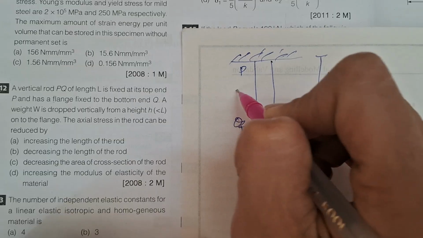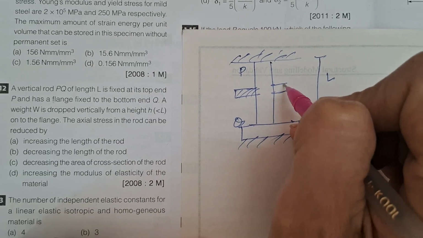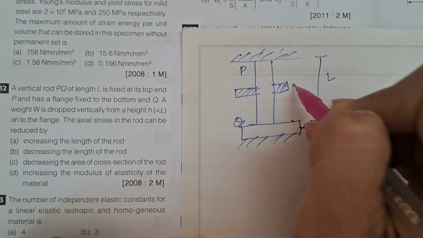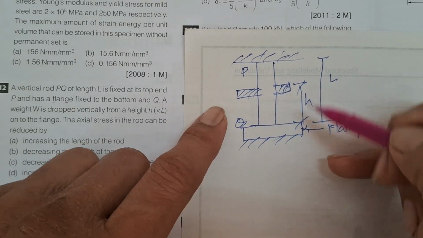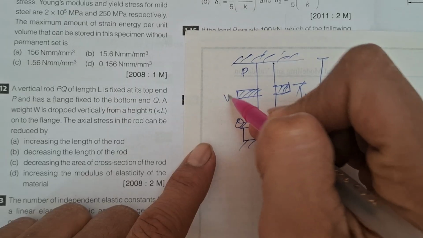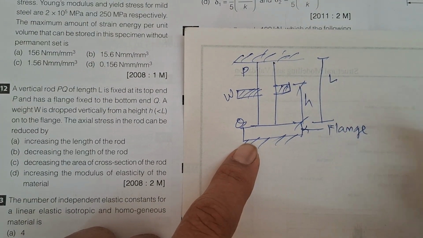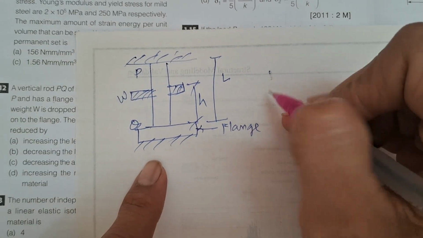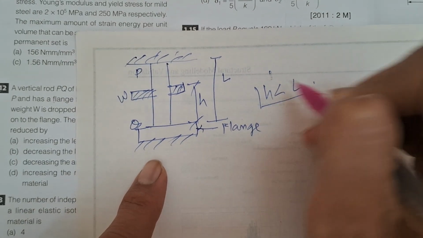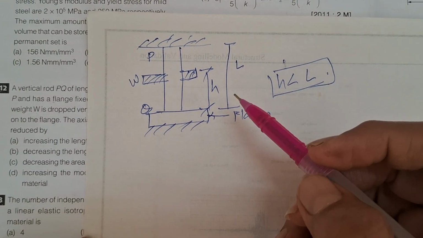Now see, they are telling that you are keeping one weight at some height H and you are making it fall from height H. So this weight W will be falling from the height H, which is obviously less than L. Now what will happen?